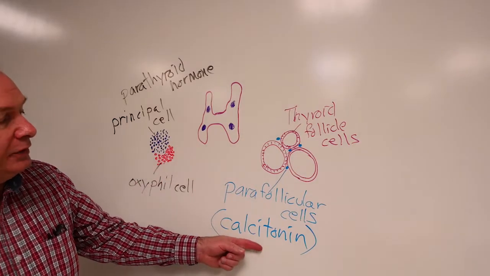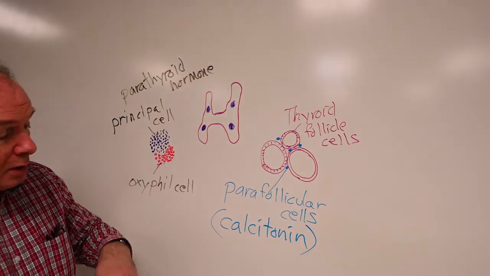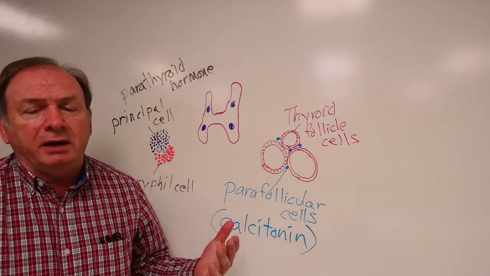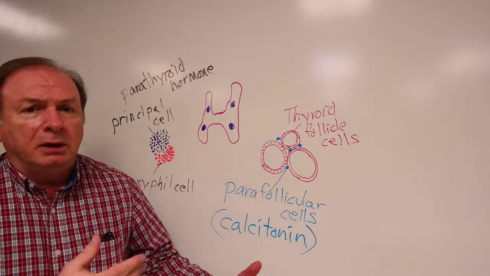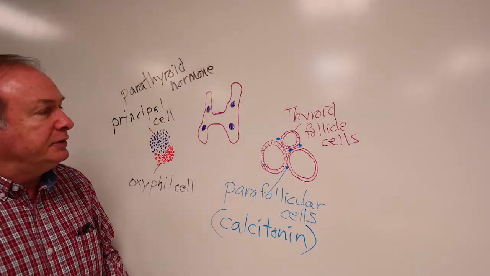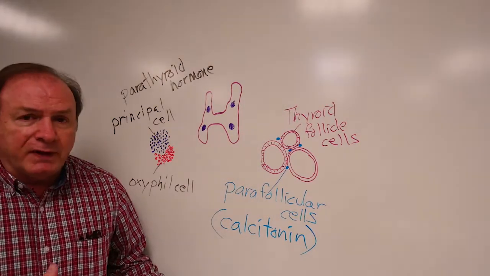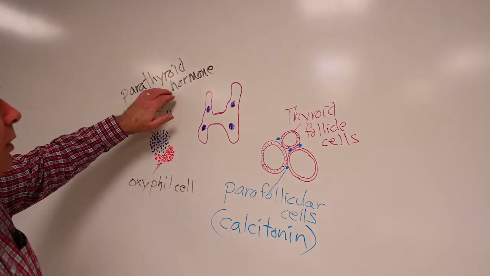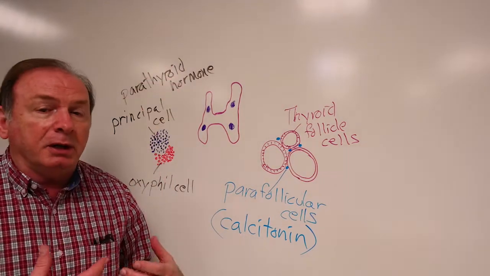Parathyroid hormone and calcitonin are 2 hormones that work opposite one another, similar to the way that insulin and glucagon work to regulate blood sugar. These work to regulate mainly blood calcium. They also affect phosphate salts that are released from your bone as well. Parathyroid hormone will increase your circulating blood calcium.